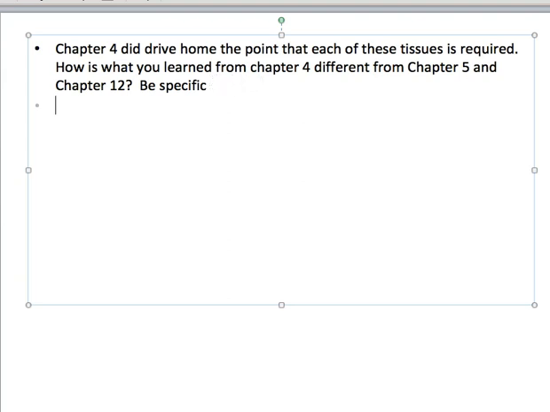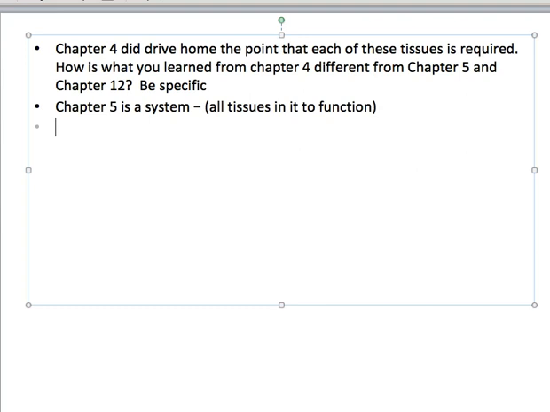Chapter 5 is a system. Do you understand how it's functioning? So you actually have all tissues in it to function. Or spelling can get you in trouble.